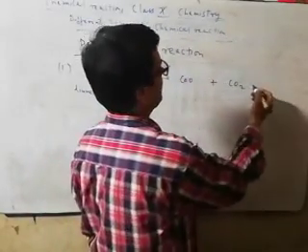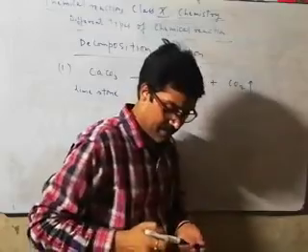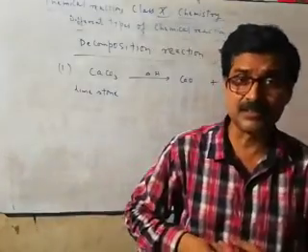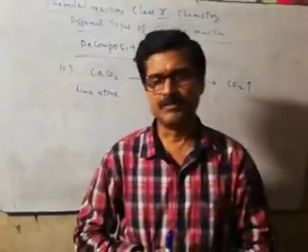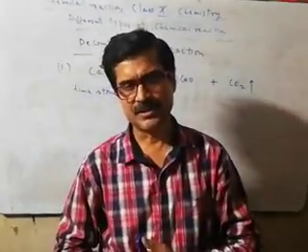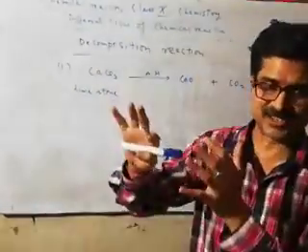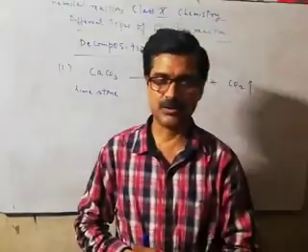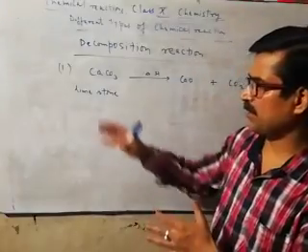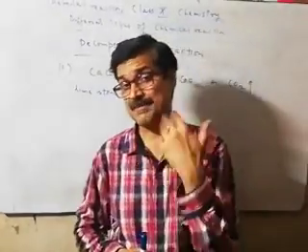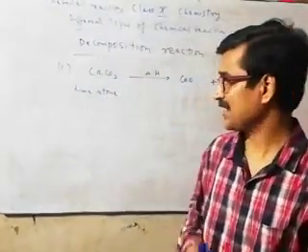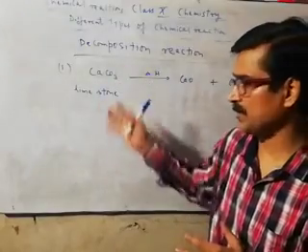Okay, carbon dioxide gas is released. This is a very important chemical reaction for all cement industries, paint industries, all these construction industries. Limestone is quite useful to prepare cement. The basic ingredient of cement starts from limestone.